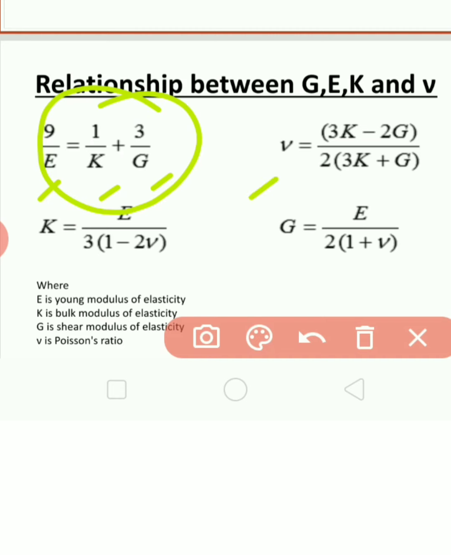Second is mu equals 3 into bulk modulus minus 2 into modulus of rigidity, upon 2 into bracket 3 into bulk modulus plus modulus of rigidity. These equations are very important. They are directly asked in the exams. Numericals on the basis of these equations are asked.